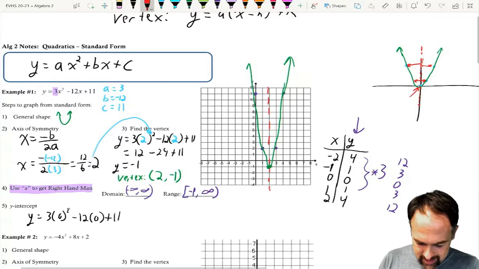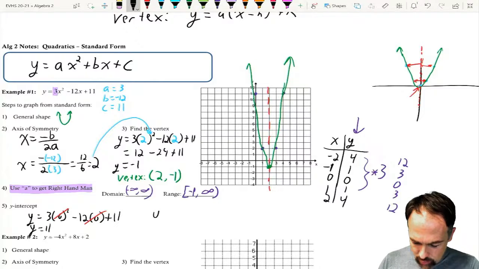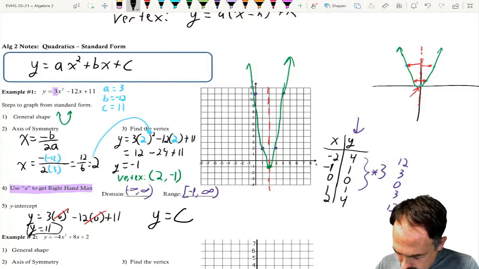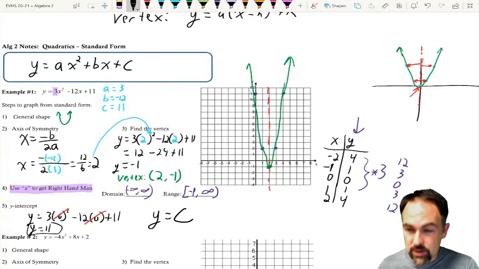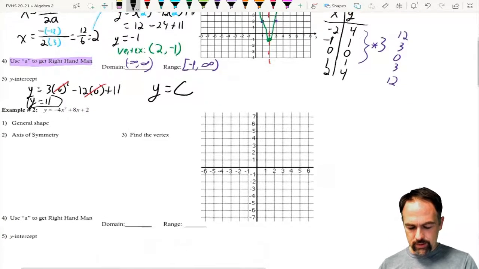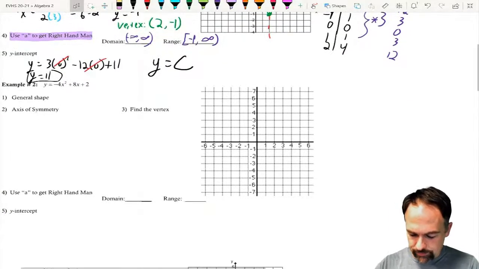Well, this is going to go away, this is going to go away. It's just going to happen at y equals 11. So the y-intercept happens at y equals c, whatever your c value is. So my y-intercept is at 11, and yep, I had the point 11 right there. All right, the rest of these should go a little bit faster than that one.